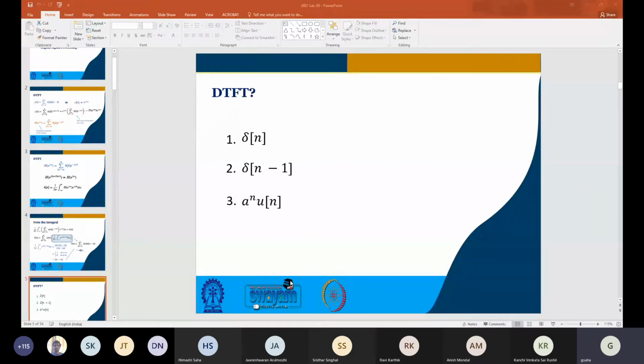I hope all of you have got the question. What is the DTFT of delta(n minus 1) and a to the power n u[n]? And you know the basic definition of DTFT, the basic equation.